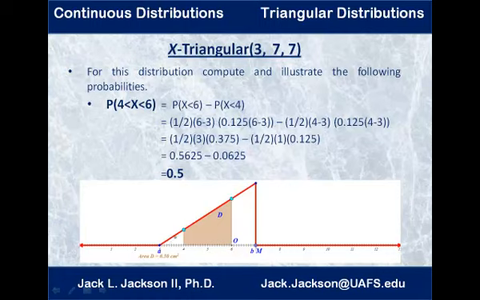We have to subtract off this unshaded triangle and we'd be left with the brown area that we're looking for. So the unshaded triangle right here to the left from A equals 3 to 4 is 1/2 base, 4 minus 3, times height, which is 0.125 times 4 minus 3. That's 0.125 for the height here.